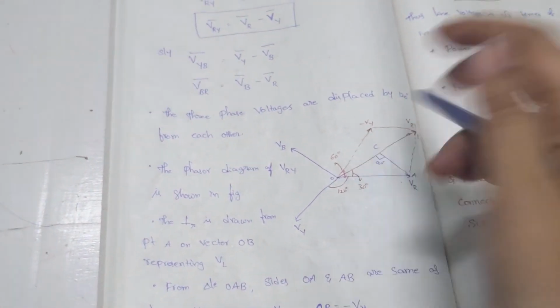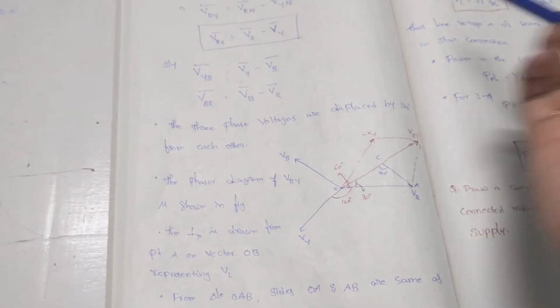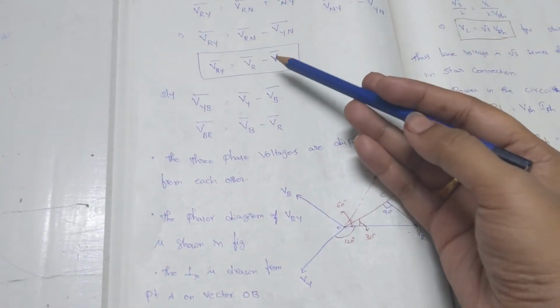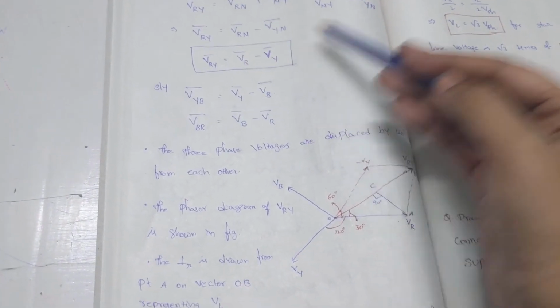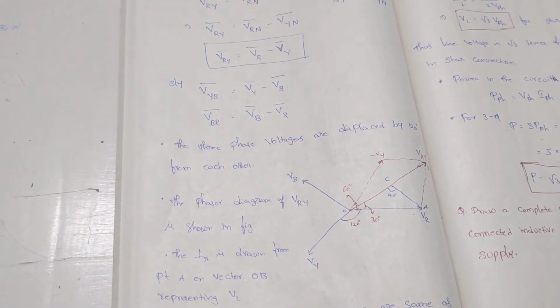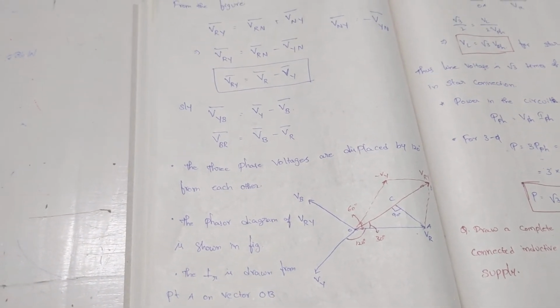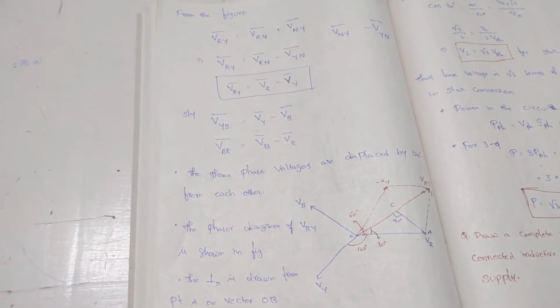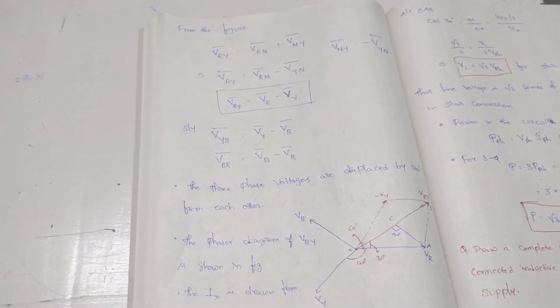For this basic diagram, to go from phase voltage to line voltage, I am considering VR and VY. Kindly remember, we have only phasor addition; phasor subtraction is not available for us.